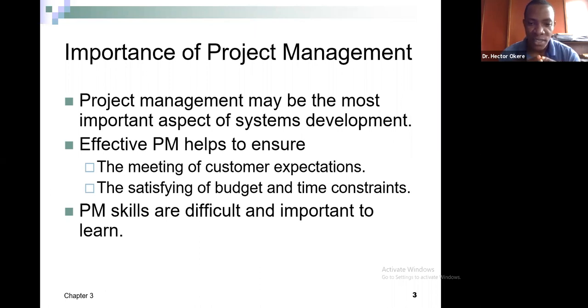All right. When you have a business agreement with your customer, you have to do exactly what you agreed on. You also need to make sure that the budget and the time and everything that you budgeted before the project is consistent with everything that goes on during the project.